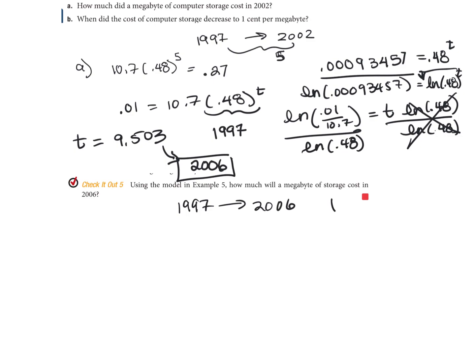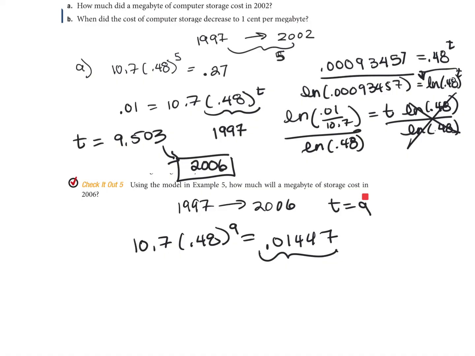So t equals 9. And we're just going to plug 9 into the model. 10.7 times 0.48 raised to the 9th power is 0.01447. So again, we're right in that 1 cent range, which makes total sense based on the math that we just did.